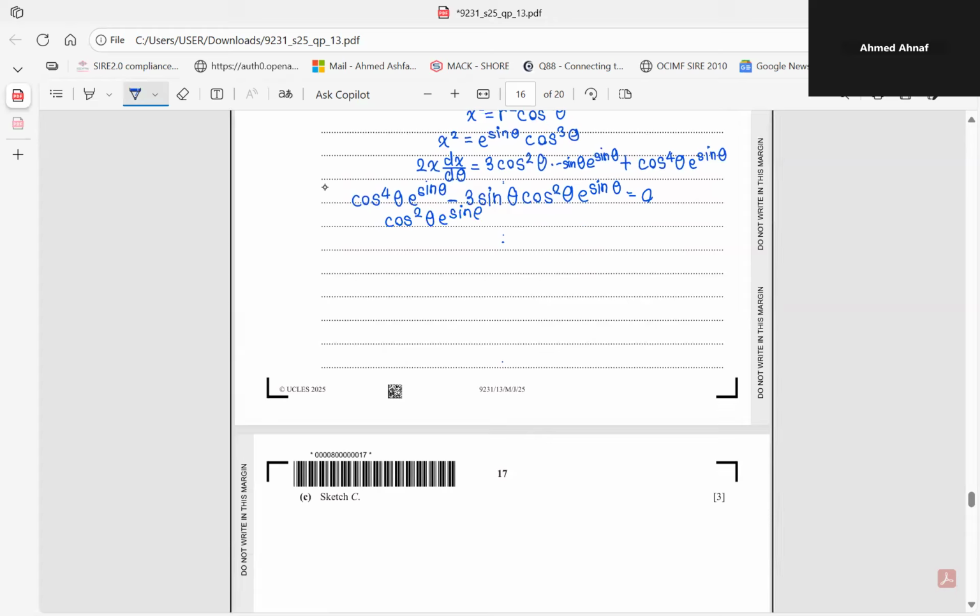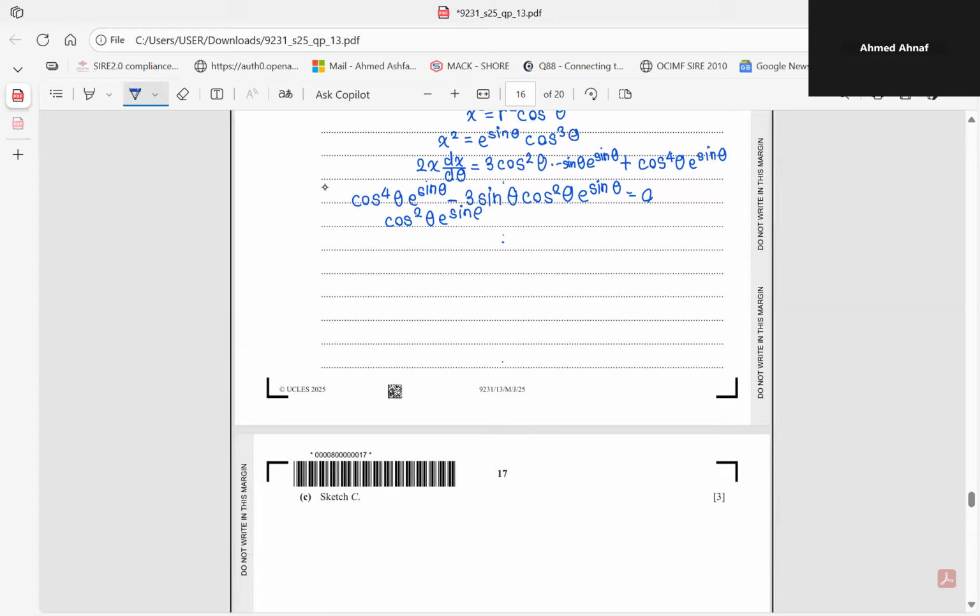The second value would be sine theta equals minus 3 minus square root 13 over 2. So let's see if we can reject any value. We can reject this one because it is less than negative 1. So now we can only accept the first.